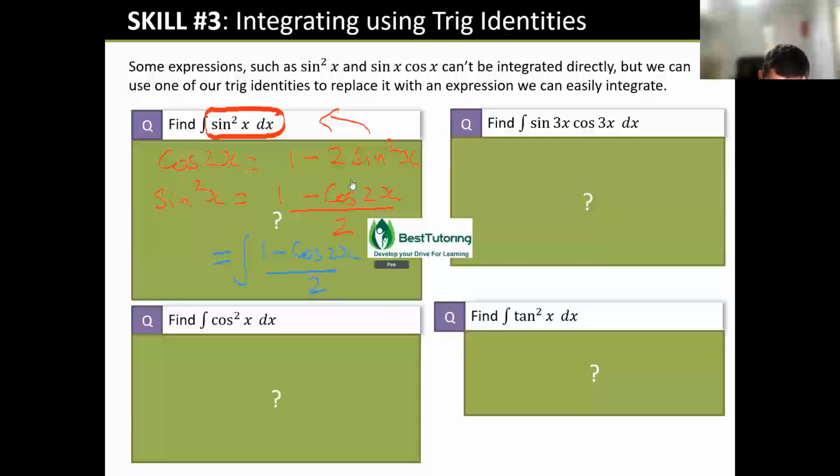Now we know the half, the 1 over 2, doesn't make any difference. Integration of 1 is going to be x, and then the integration of cos 2x. So Ayushi, what is the integration of cos 2x going to be? Ayushi, integration of cos x is?